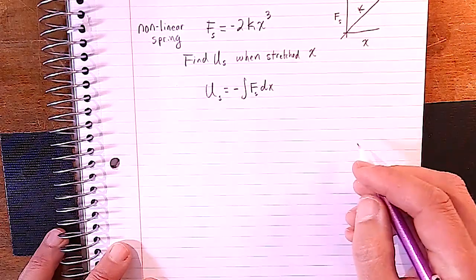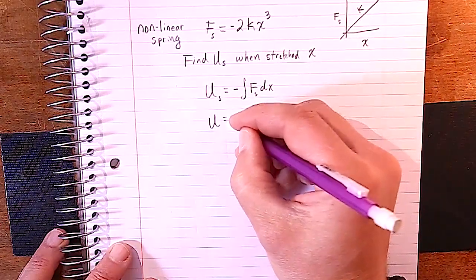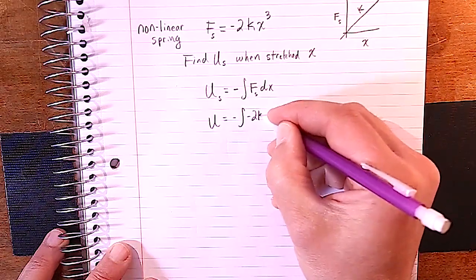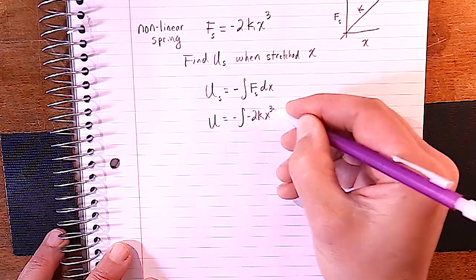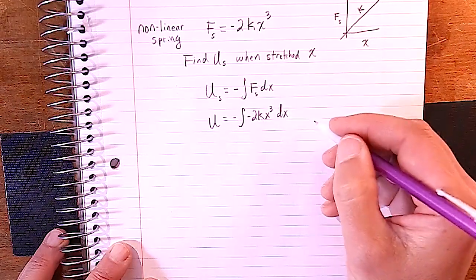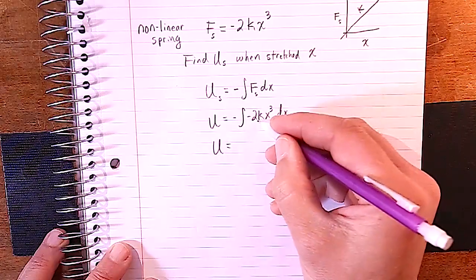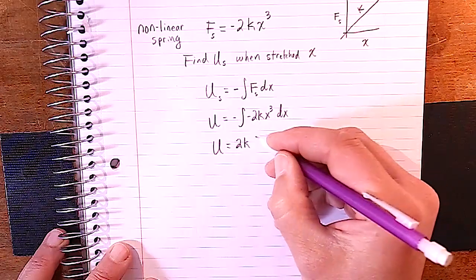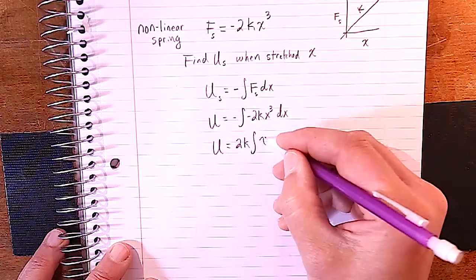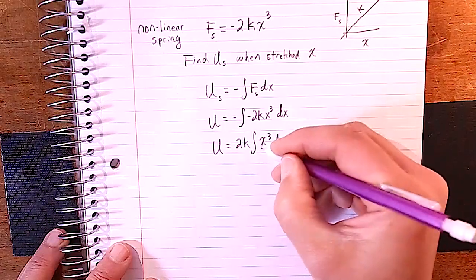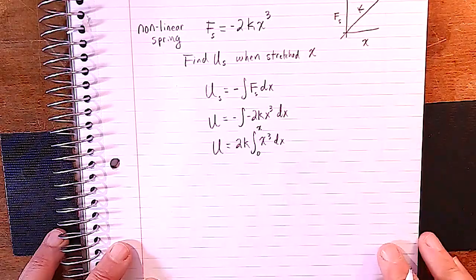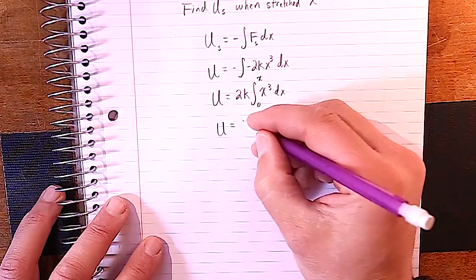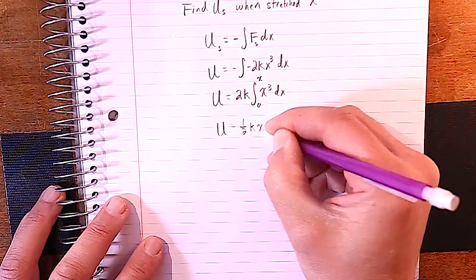That's our force of spring. So we take the integral of minus minus 2kx cubed dx, and we can bring our 2k out, and we have two negative signs, so that becomes positive. So that's 2k times the integral of x cubed dx from 0 to x, and when we perform the integral, that's going to give us 1/2 kx to the fourth.